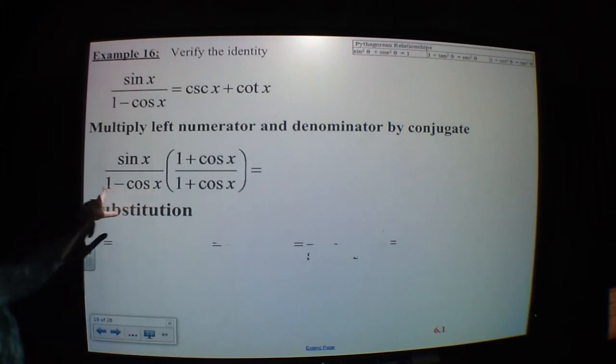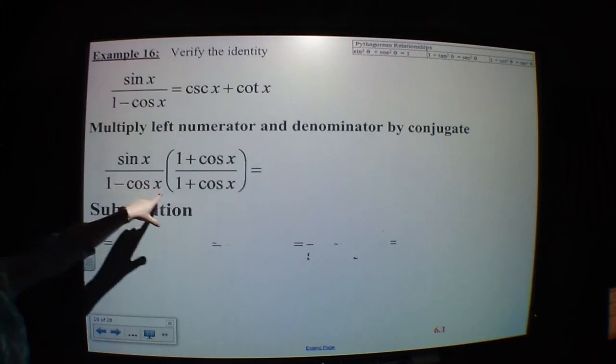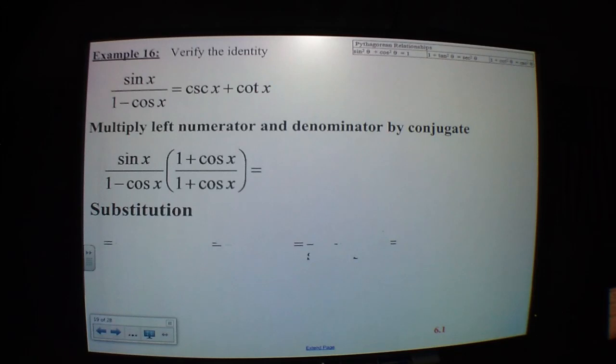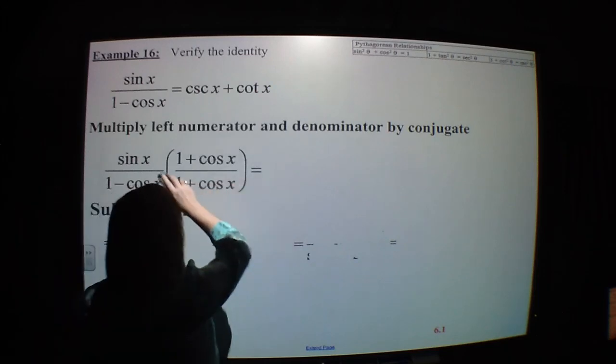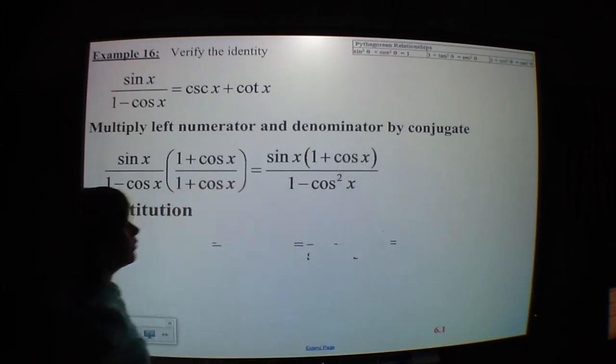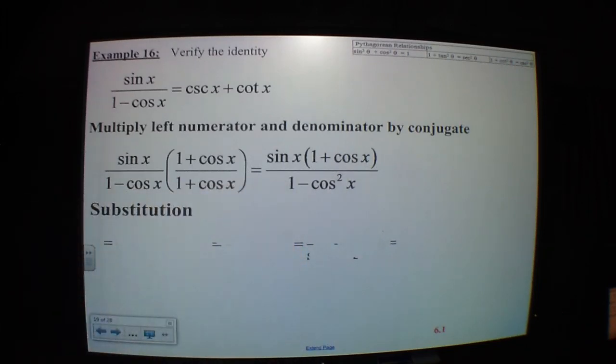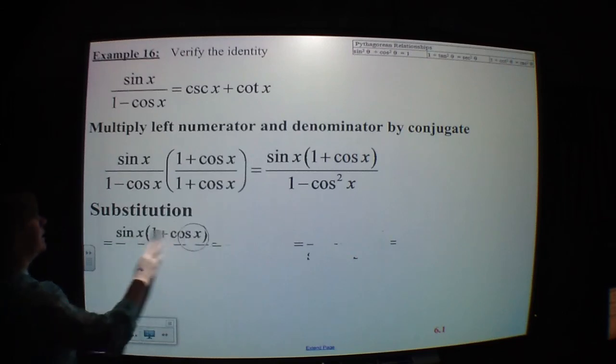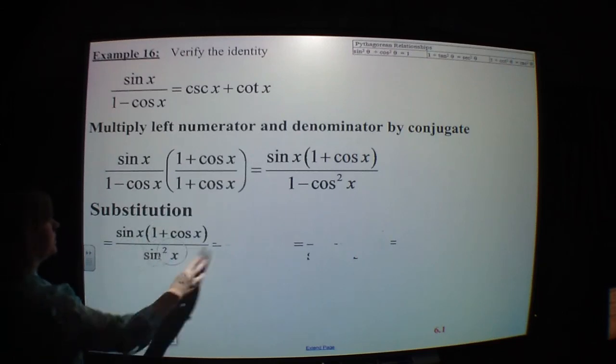So now my bottom will be 1 minus cosine squared. So my denominator is 1 minus cosine squared. I'm going to leave the top and not multiply it yet. Maybe I'll multiply it in a little while. I have to do it step by step because maybe something will cancel out. 1 minus cosine squared is sine squared.